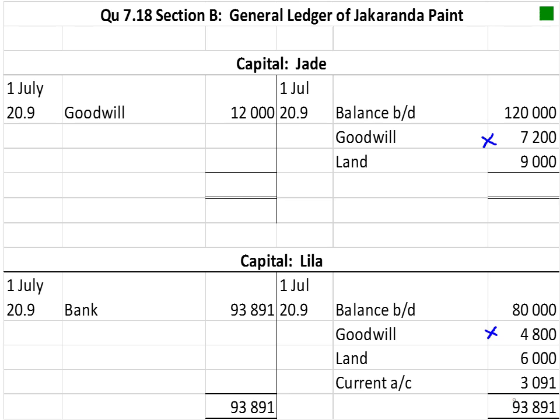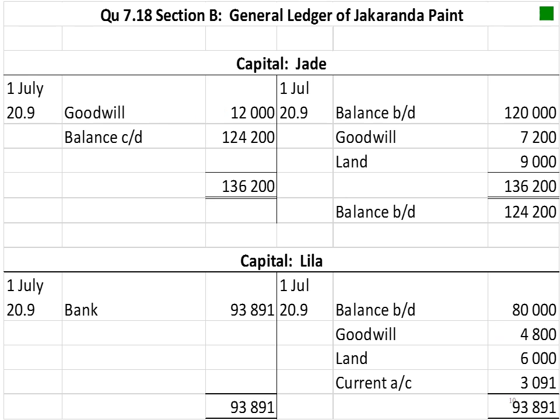The rules of accounting is that if it's an asset that was internally generated and it wasn't purchased, then that asset may not be reflected in the statement of financial position. So we have to credit goodwill, reduce the goodwill balance to 0, and we debit that amount then to the remaining partner's capital account. So we're debiting Jade's account with 12,000 Rand. So we've reversed the full amount of the goodwill.